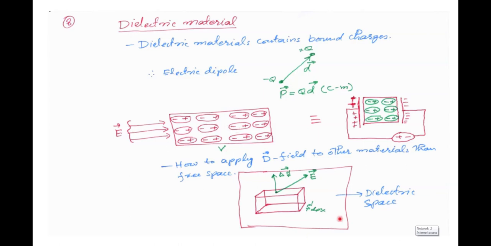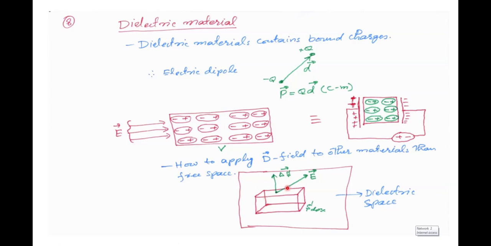So for this purpose, let's consider a dielectric space. As we have discussed, dielectric material actually contains bound charges; there exists no free charge. Inside this dielectric space, let us consider an incremental volume having closed surface S. Let the top elemental surface be denoted by delta S. In the presence of an applied electric field, a polarization effect is produced.